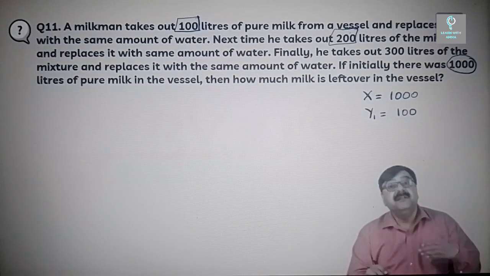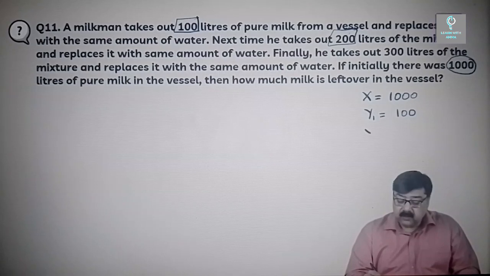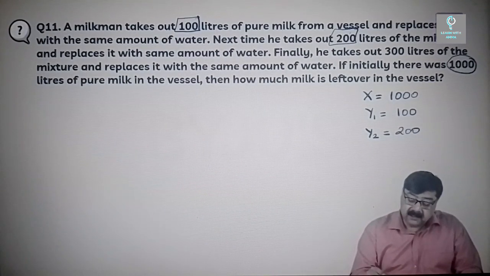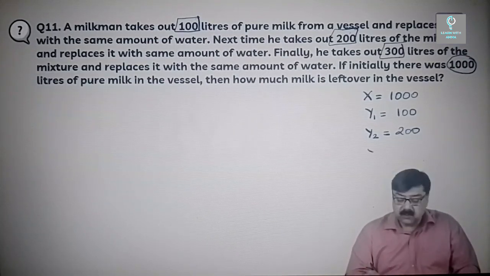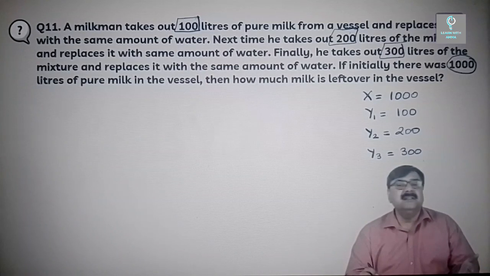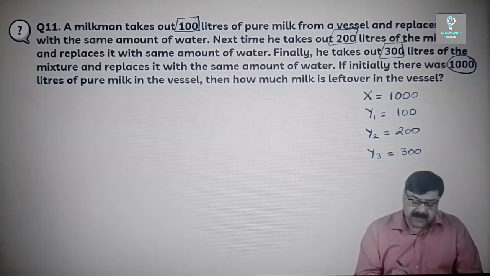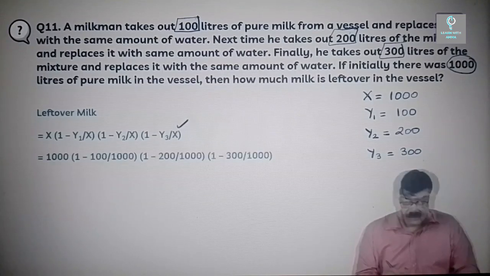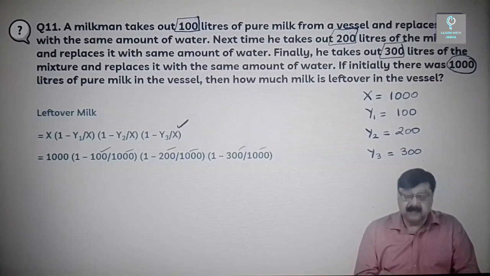Then 200 liters, a different quantity, is taken out, so that would be y2, which is given to us as 200. Then 300 is taken out, so y3 is 300. And obviously these are replaced by the same quantity of water. So we have the formula here to find out the leftover milk: 1000 into (1 minus 100 by 1000), (1 minus 200 by 1000), (1 minus 300 by 1000).